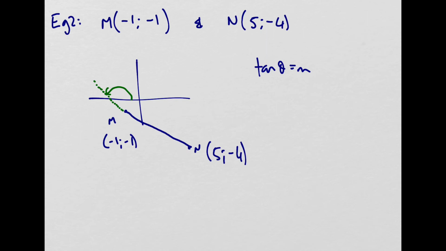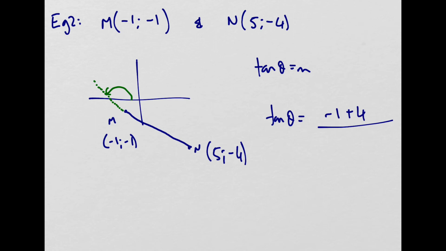Right, so tan theta is equal to the gradient of the line. The gradient is the y values at the top, subtracted from each other, over the x values. So if we start with that y value, -1 minus -4, that actually becomes -1 + 4.